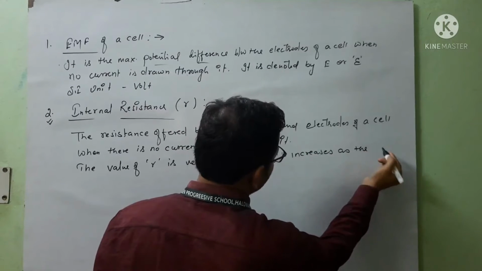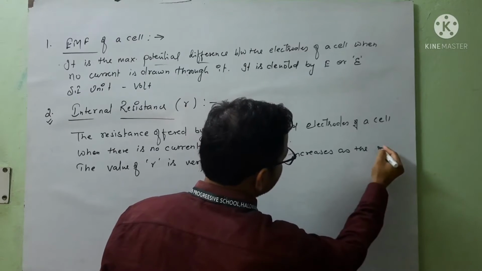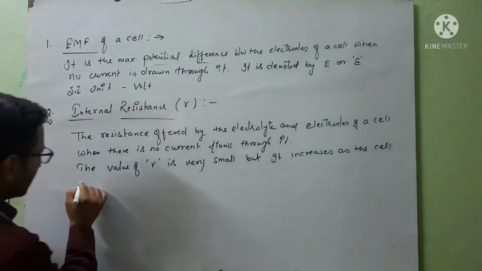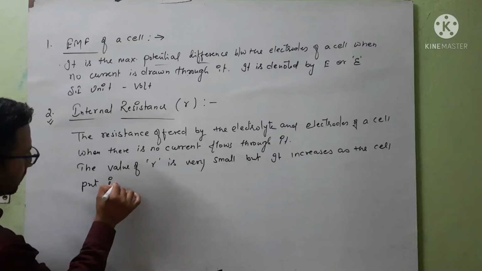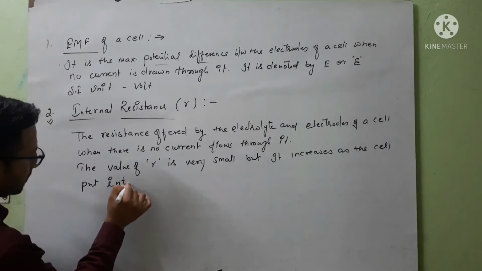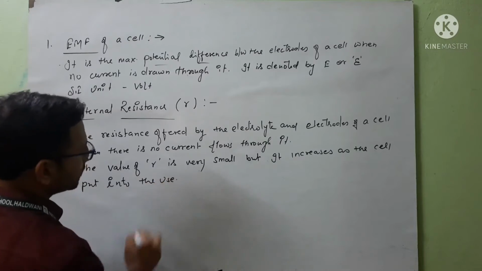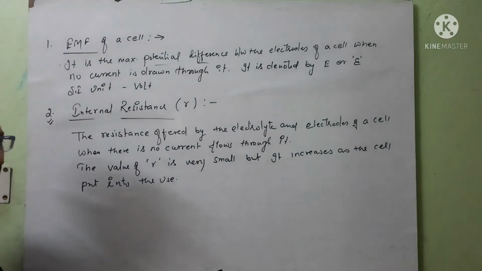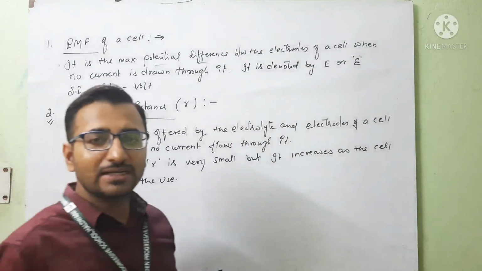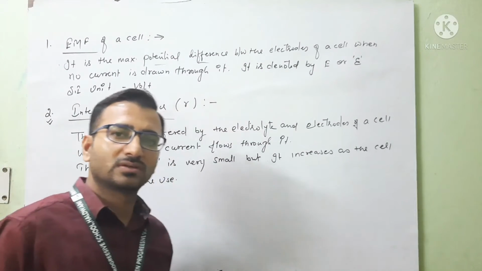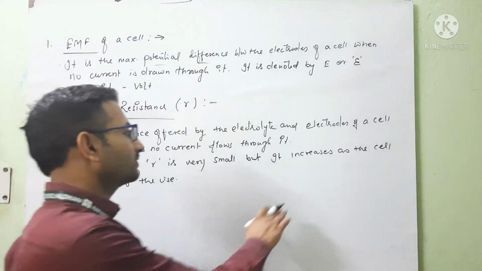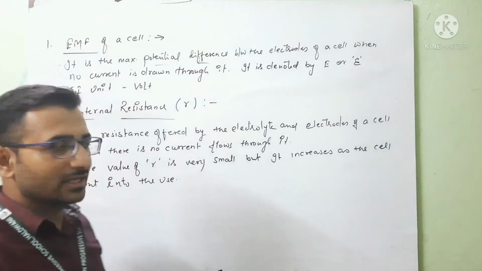It increases as the cell is put into use. Means if we use the cell, its EMF goes down. It means that the value of internal resistance will increase.